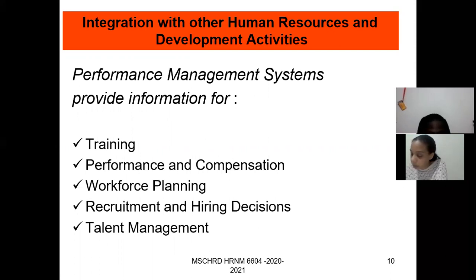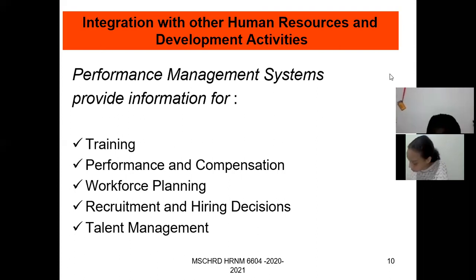So the same thing happens with recruitment and hiring. We look at the performance, especially performance of persons who were newly hired, to see whether they're doing well or not. And we use the results of the appraisals to see how they have done after the first year.